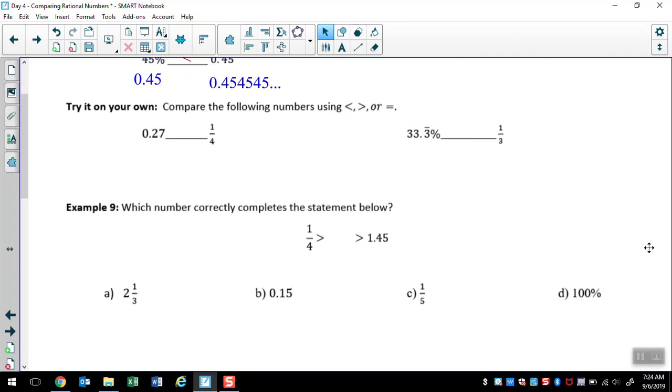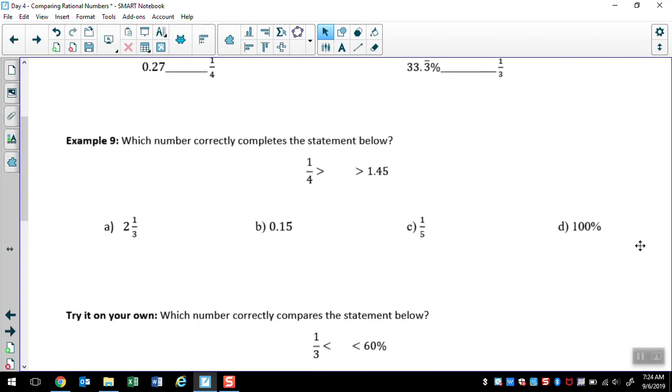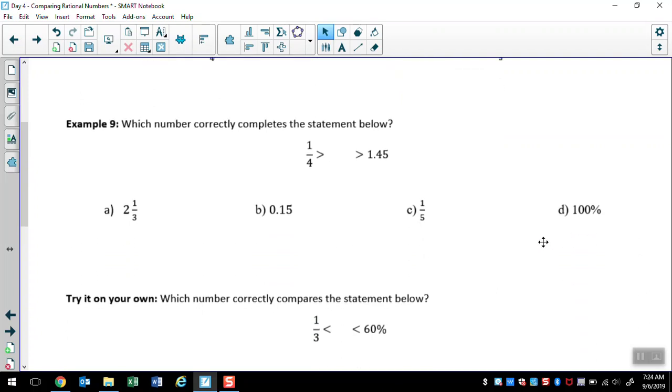Okay, let's take a look at our last example. Now we need to figure out which one of these belongs here. We have 1/4 is greater than some number, and that number has to be greater than 1.45.